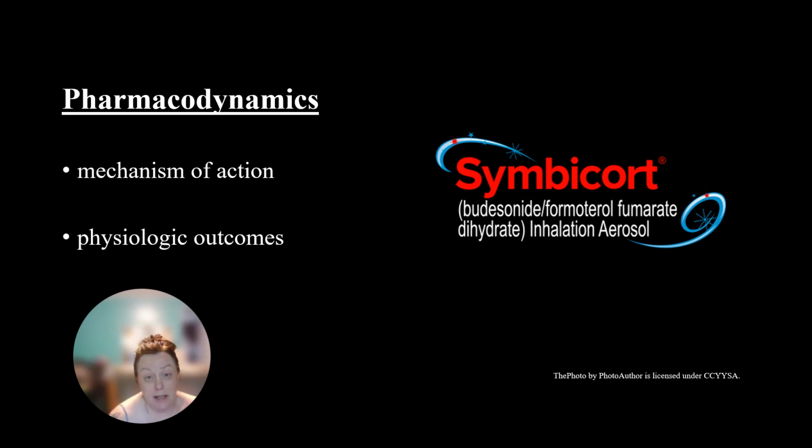The budesonide is, like I said, the inhaled corticosteroid. The mechanism of action on that is it can control the rate of protein synthesis, and it decreases the migration of leukocytes, which are white blood cells, preventing inflammation, in this instance, in the lungs.